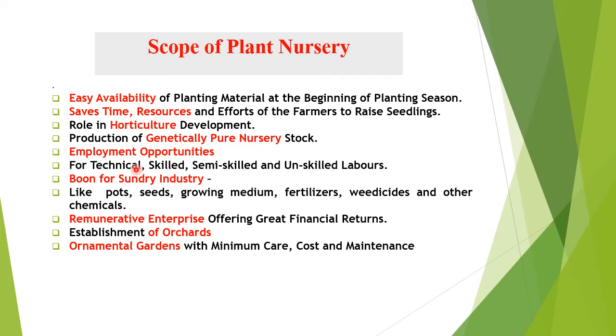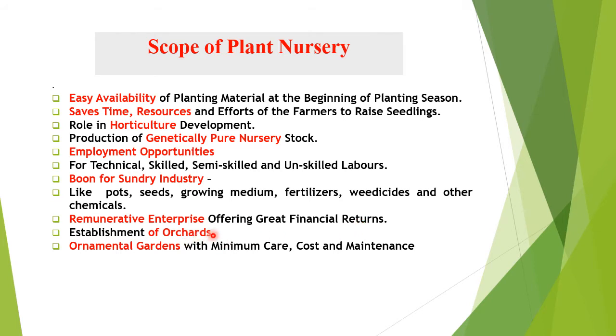And it is also considered plant nursery is a boon for sundry industry, like they provide pots, seeds, germplasm, growing medium, fertilizers, weedicides, and other chemicals. And the scope of the plant nursery is it is a remunerative enterprise, offering great financial returns.